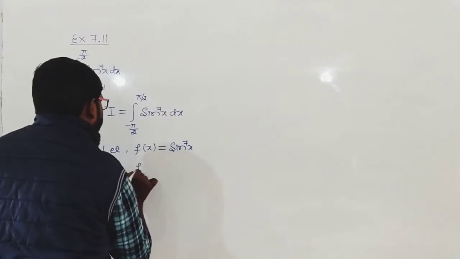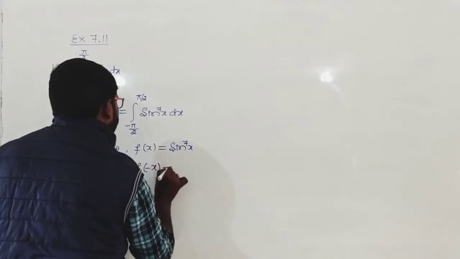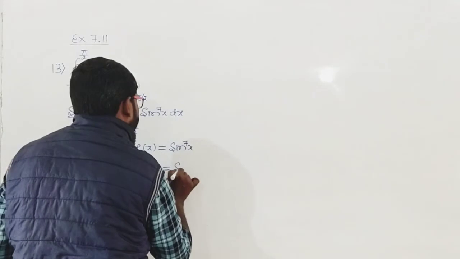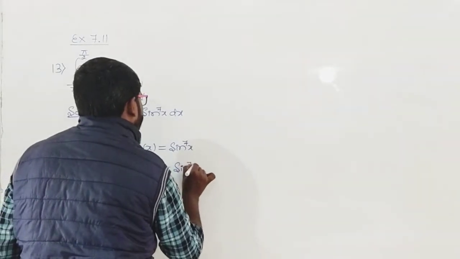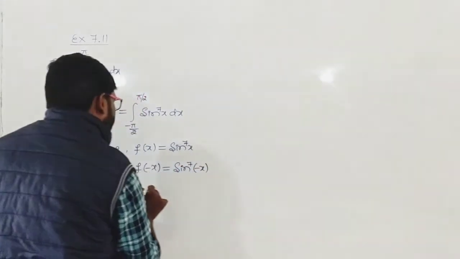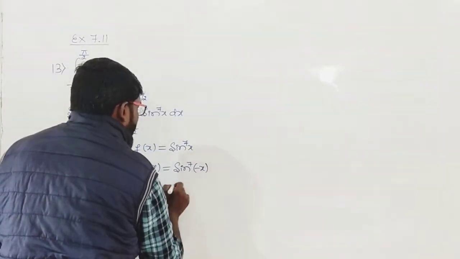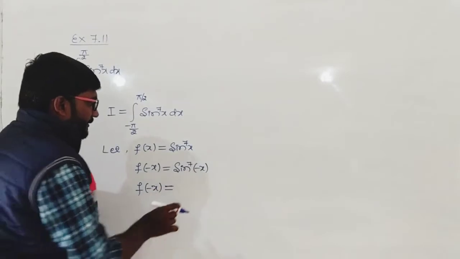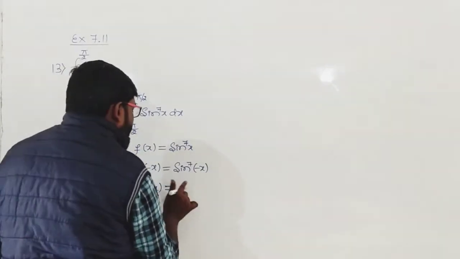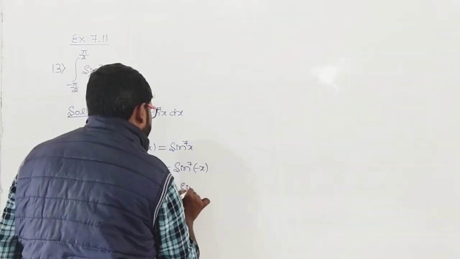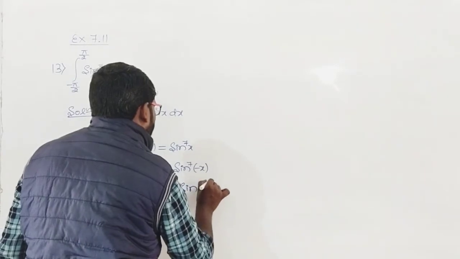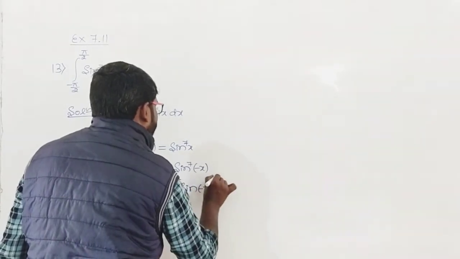We get f of minus x is equal to sine of minus x to the power 7.